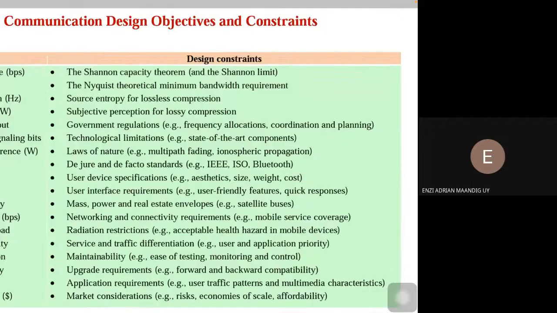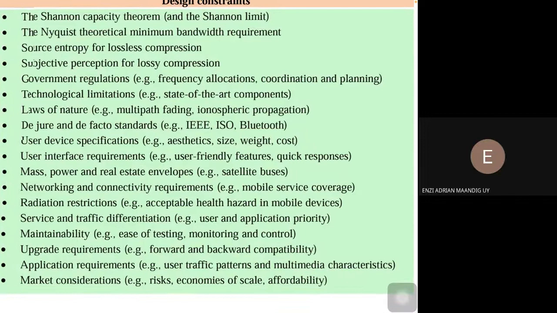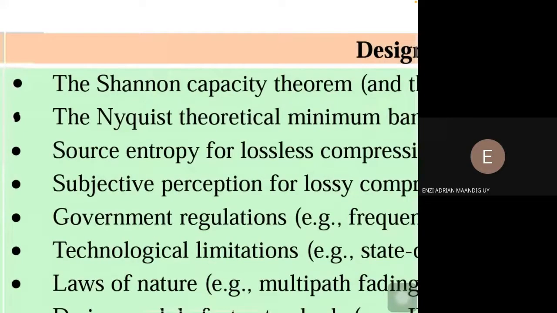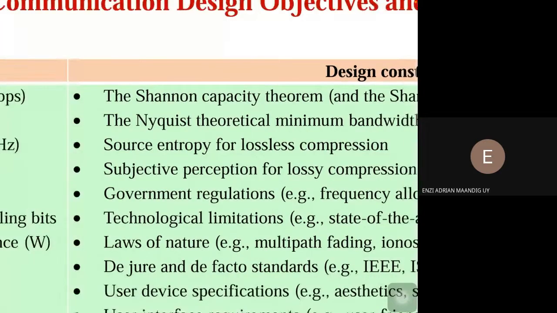So what are the design constraints? Mathematically speaking, most of it is the Shannon capacity theorem, the equation we described a previous slide ago. The Nyquist theoretical minimum bandwidth. Entropy.